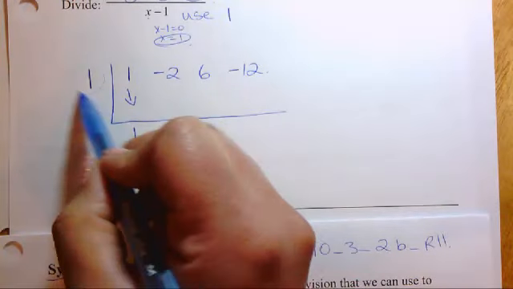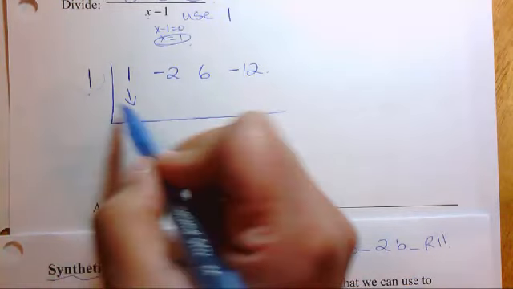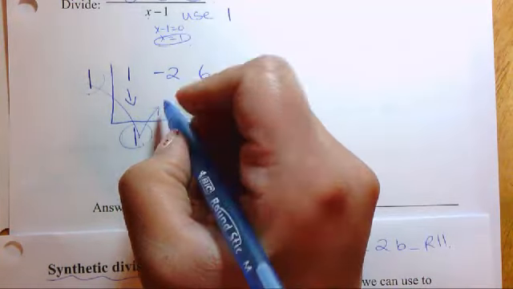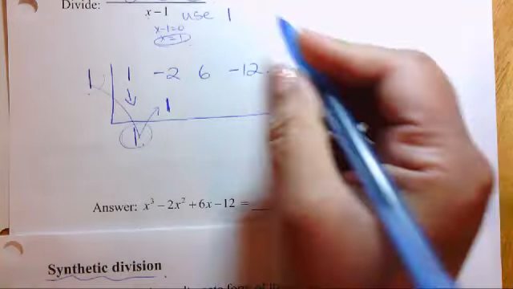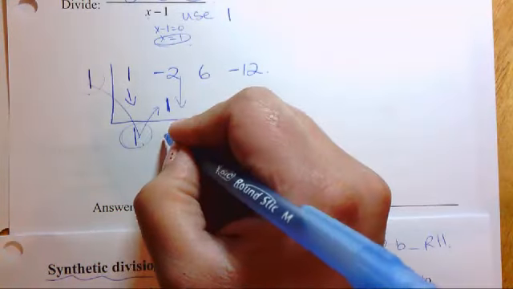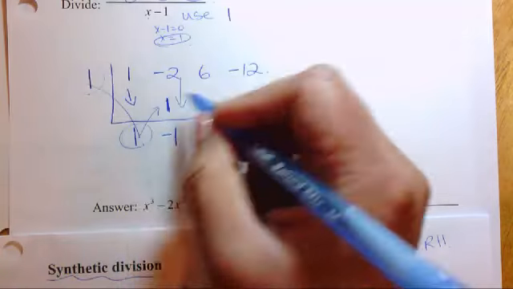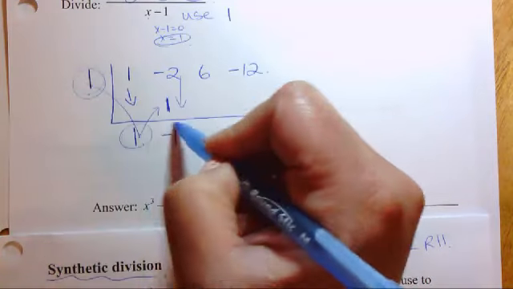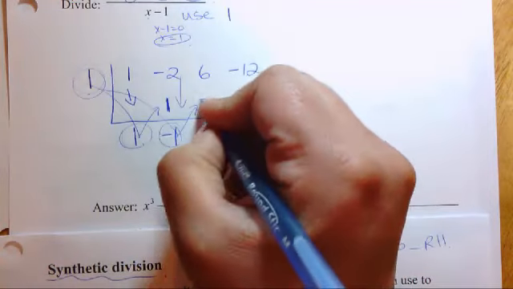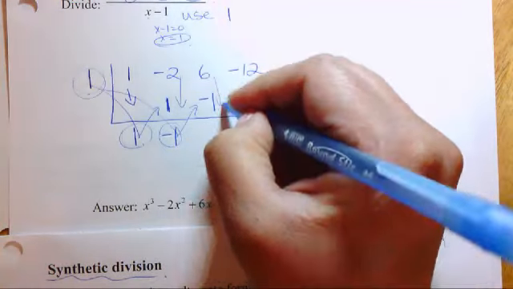Okay, then what we do is we take this divisor and we multiply it by this number here, and we write the answer there. Okay, so that's 1. Now what I do is I add down. So adding that gives me negative 1. And I'm going to take this divisor, multiply it by that negative 1, and write the answer up here. So that's negative 1. Now I'm going to add down.